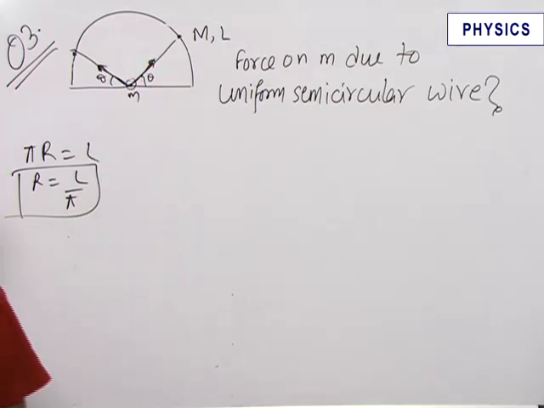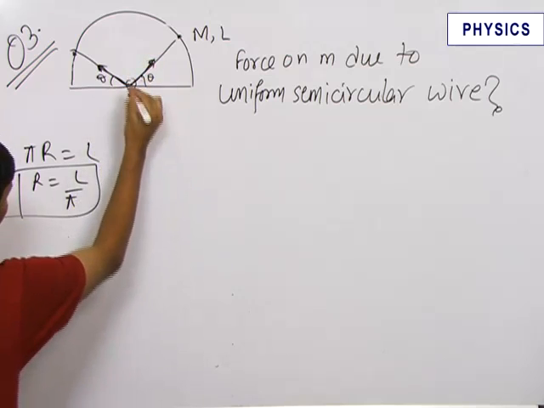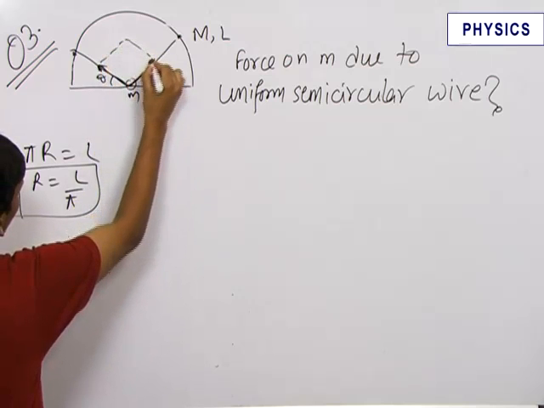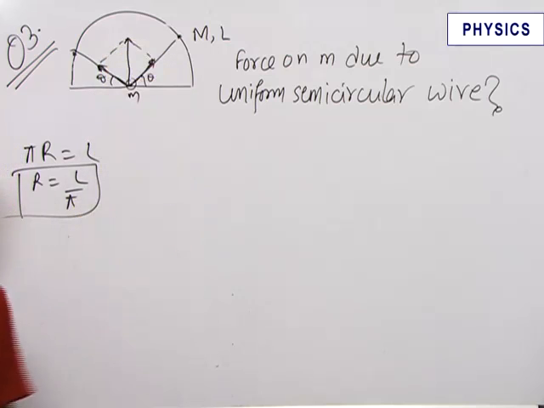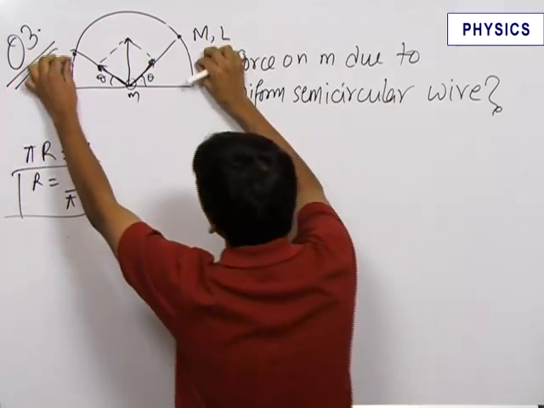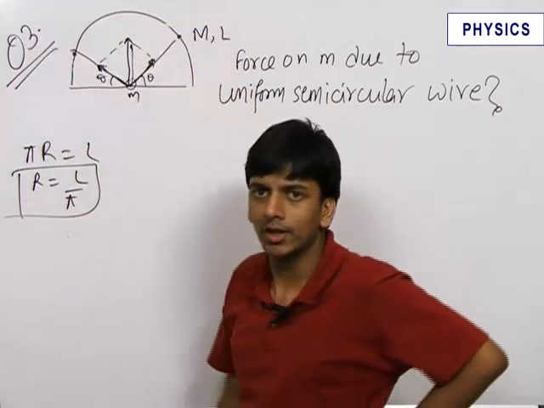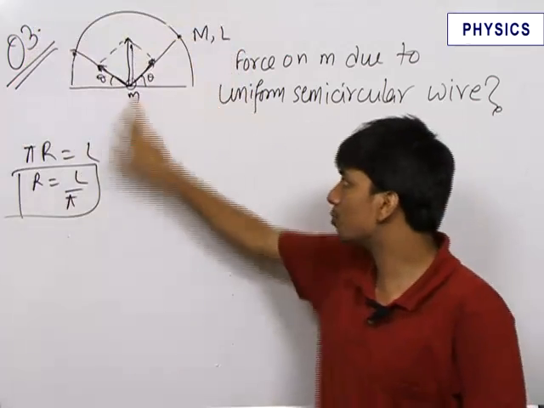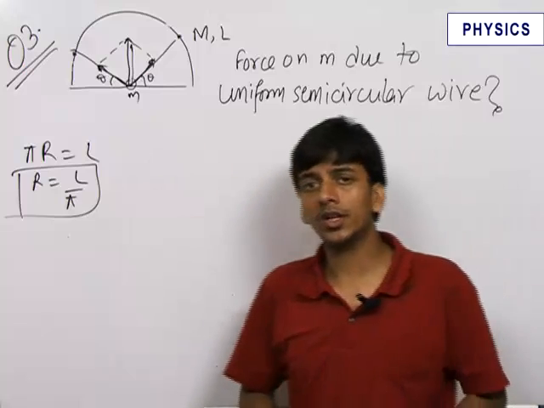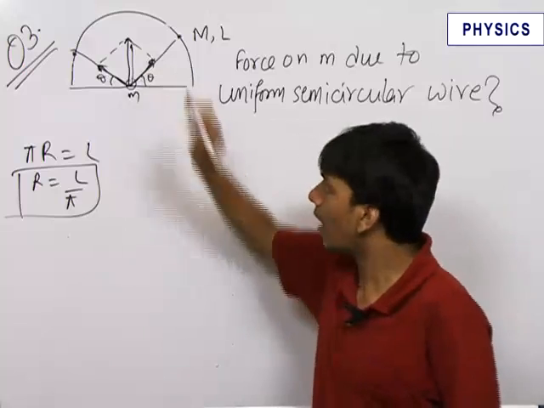These two forces being symmetrical, by symmetry we can say that the resultant lies vertically upwards. Similarly, for each pair of small particles, the resultant will come in the vertical direction. So the final resultant force acting on the small mass m due to the uniform semicircular wire comes in the vertically upward direction.